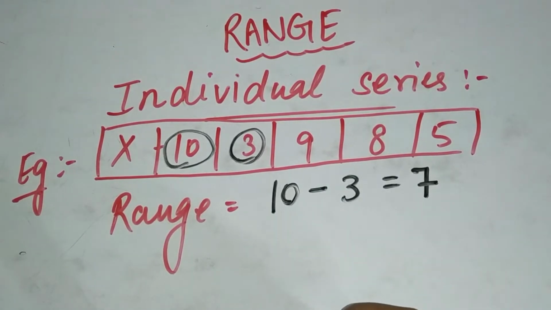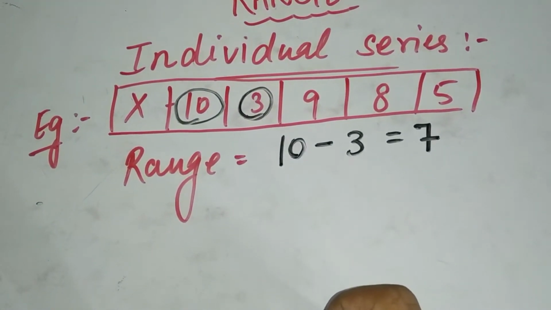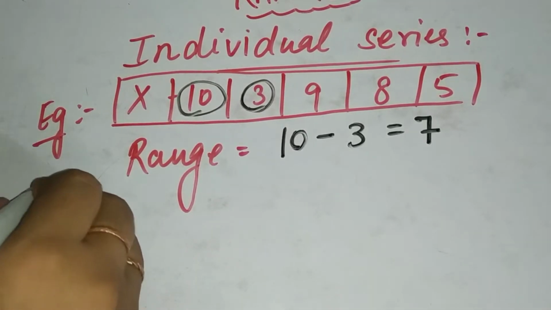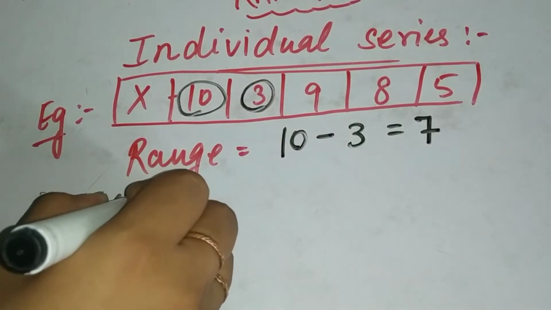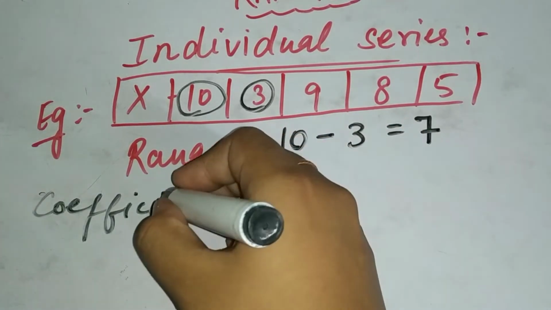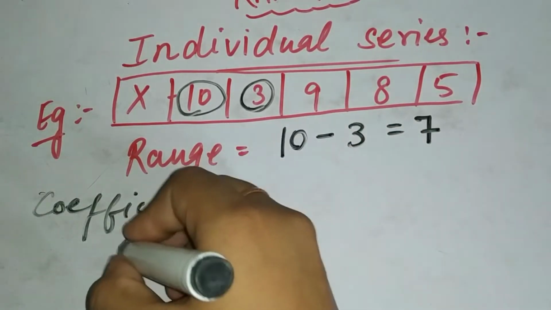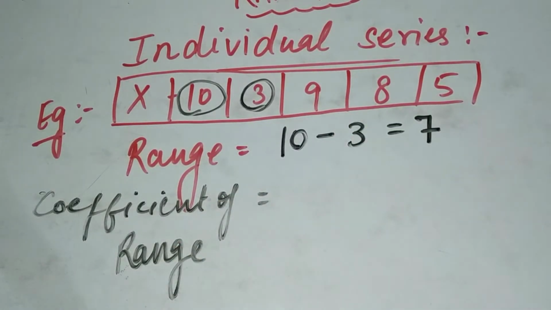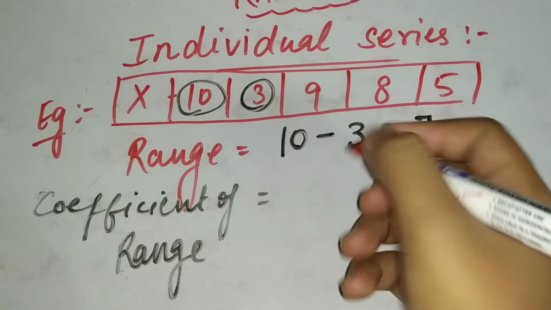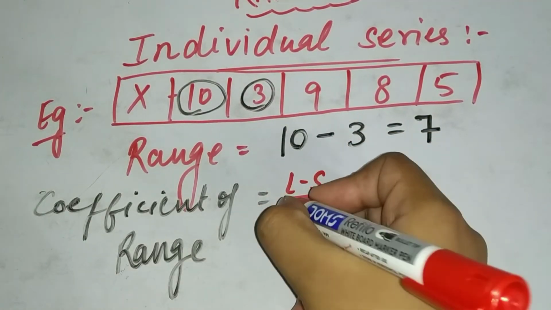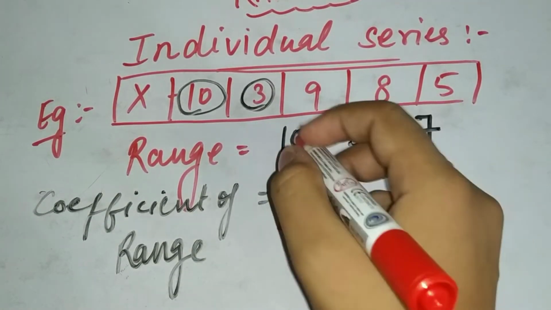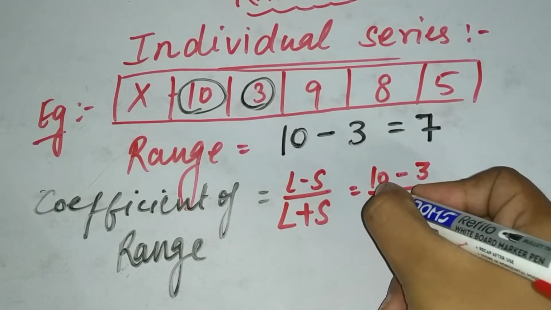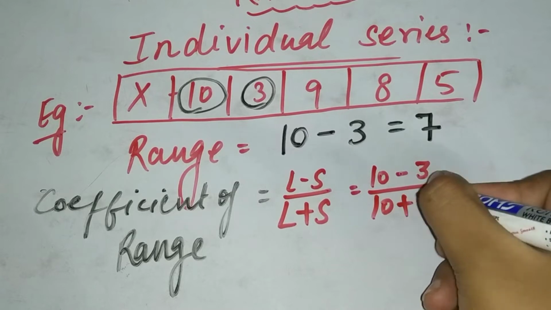Now calculate the value for coefficient of range. This is equal to largest value minus smallest value, L minus S over L plus S. So the largest value 10 minus smallest value 3 upon largest value 10 plus smallest value 3.